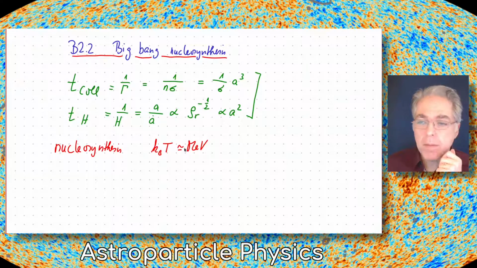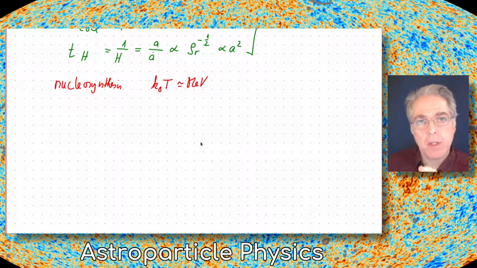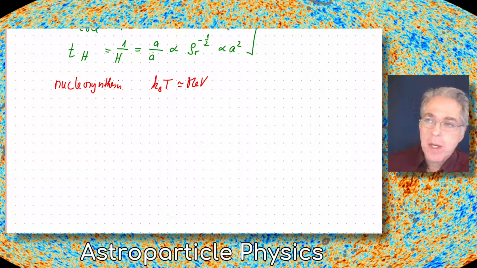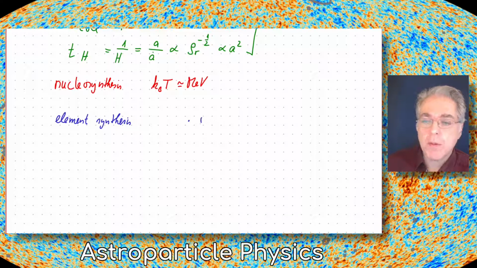Then let's talk for a moment about any kind of process that's ongoing in the universe which creates new elements. There's not only the primordial nucleosynthesis, but there are other ways that we can produce elements in the universe. One of them is the well-known stellar nucleosynthesis process.